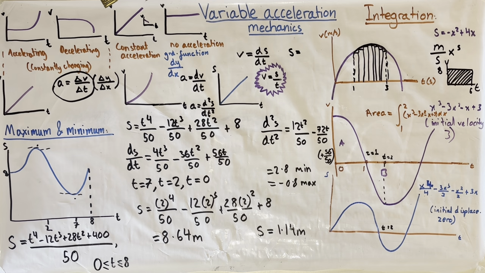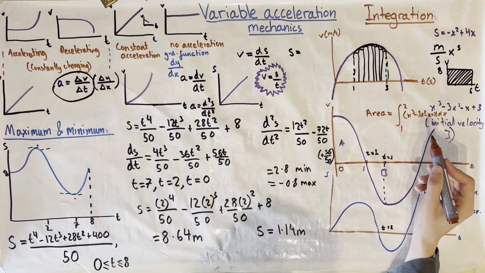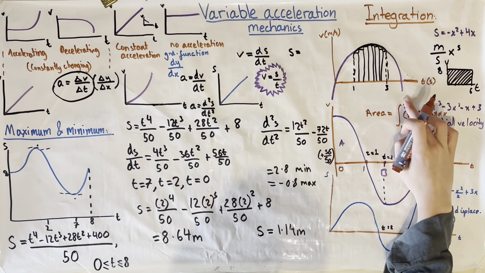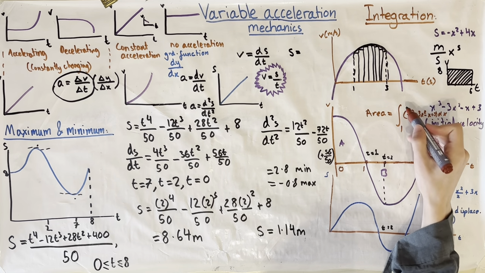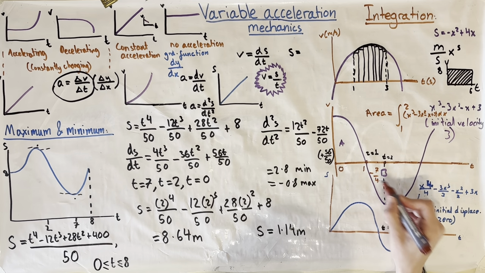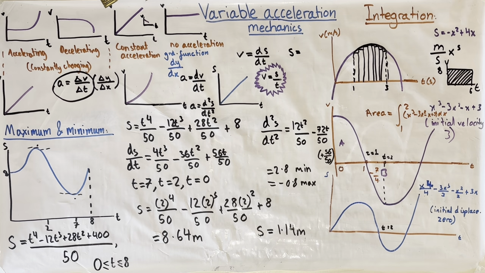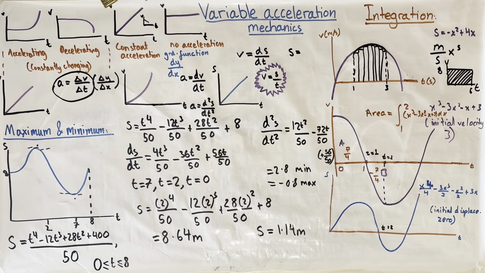Okay, sorry, it should be, so if we integrate from 2 to 1, we'll get minus 7 over 4, and if we integrate from 1 to 0, we'd get 7 over 4. Okay, which means that if we add these together, we get a displacement of 0 meters, right?